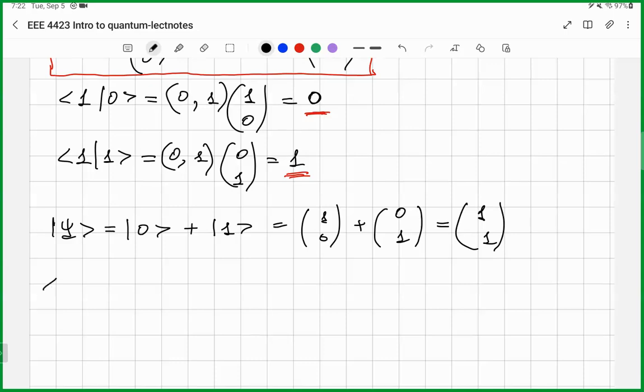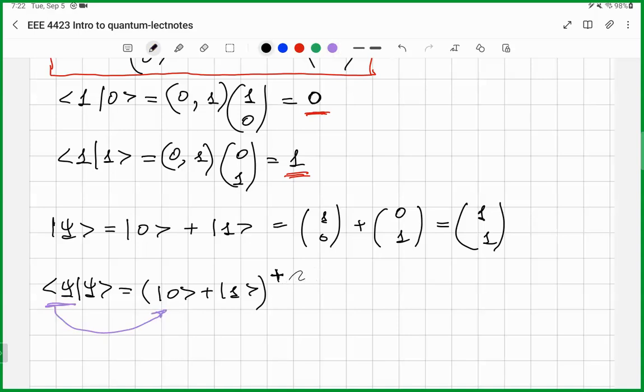So let's define the length of this vector, psi, all right? I write for the first one 0 plus 1, dagger, because this is the bra.